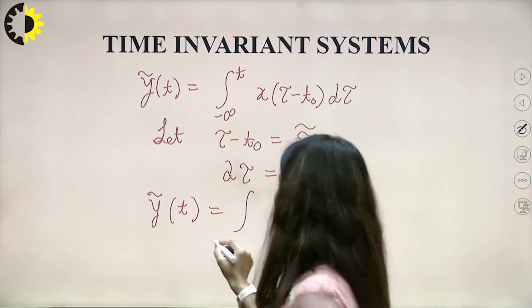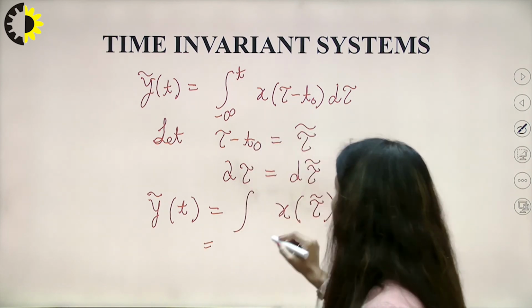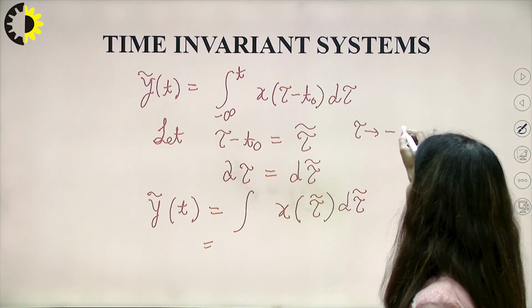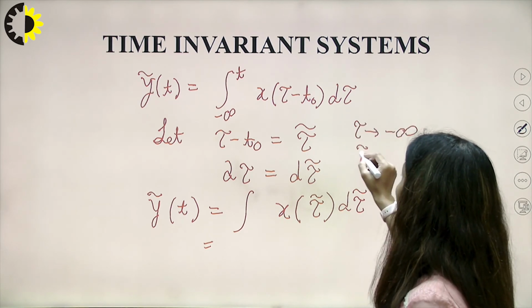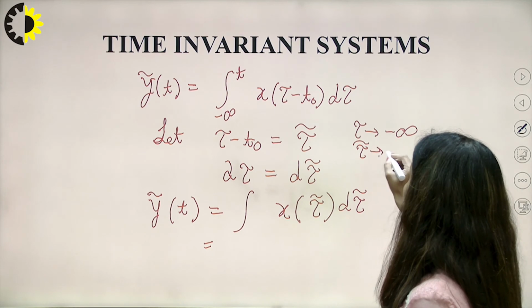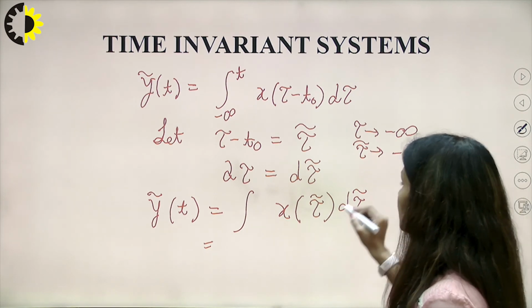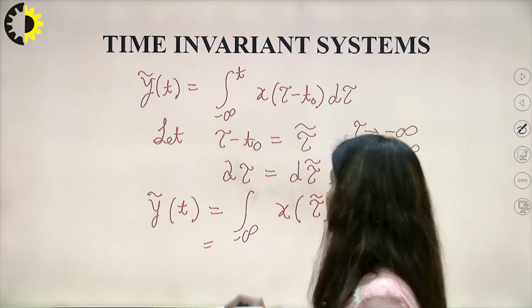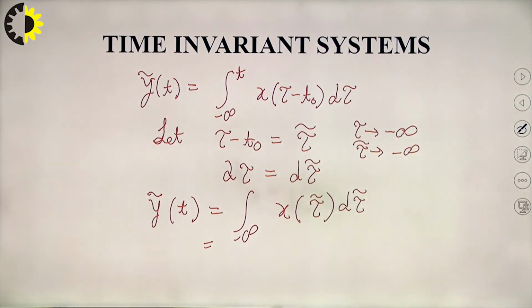Here, if my tau is tending to minus infinity, then tau bar is also tending to minus infinity. That means the limit will remain the same.